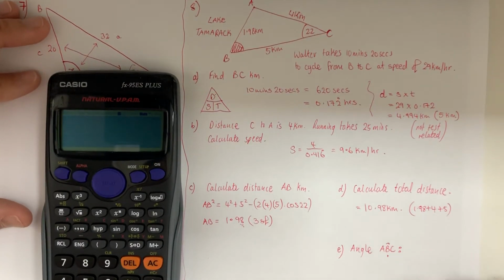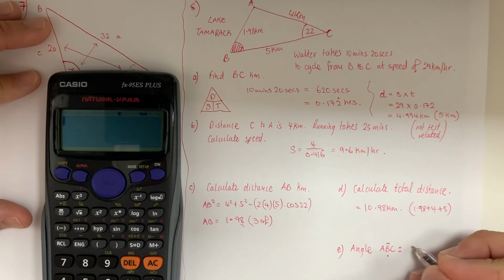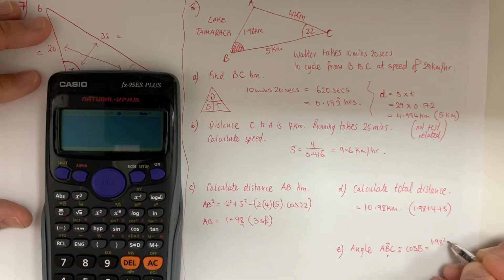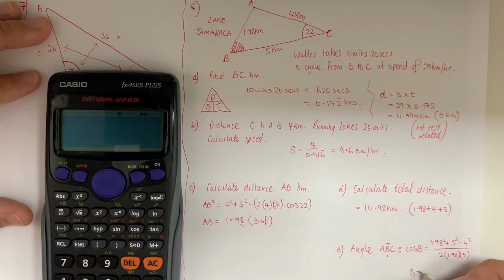So it's going to be cos B, because that's the angle I want, and then it's going to be 1.98 squared plus 5 squared minus 4 squared all over 2 times 1.98 times 5. So therefore B is equal to inverse cos of all of that.